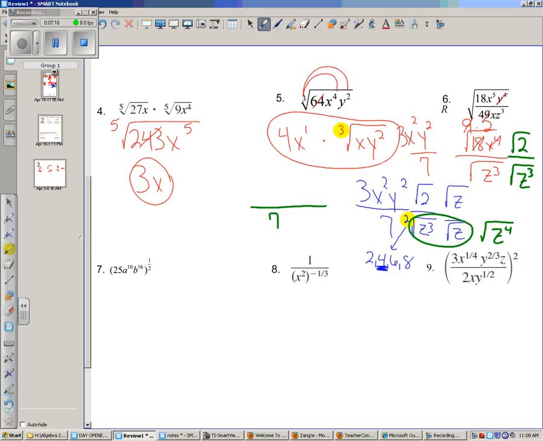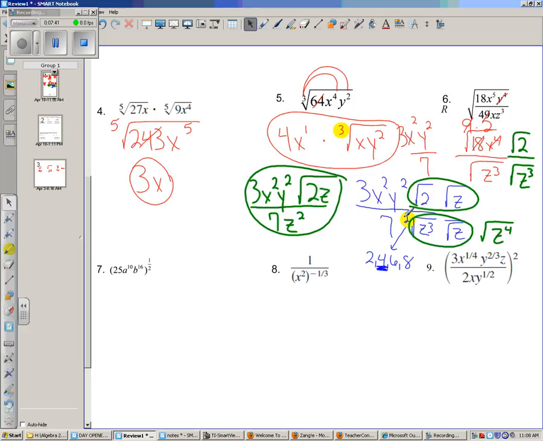I had a 7 before, and I'm going to add a z squared. As far as the numerator goes, instead of leaving them separate in square roots, I'm going to put them together. There's the 3x squared y squared that was there, and now I'm putting the 2z into one square root rather than keeping it separate. Okay, so there's number 6. Kind of all over the place, sorry about that.